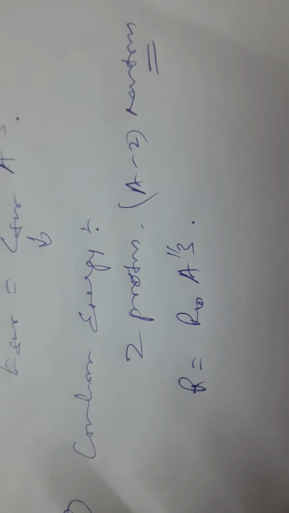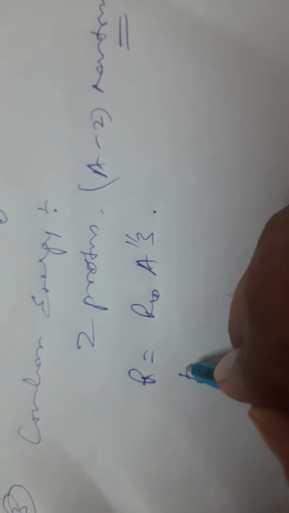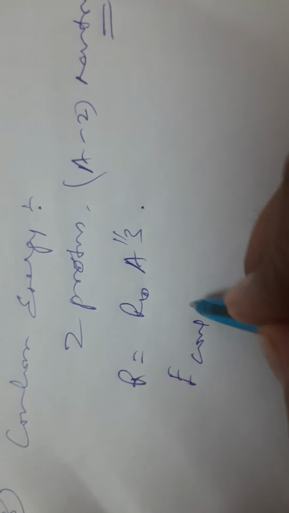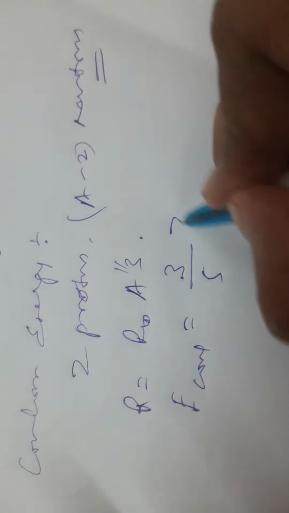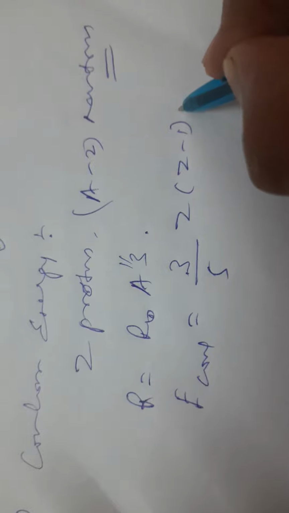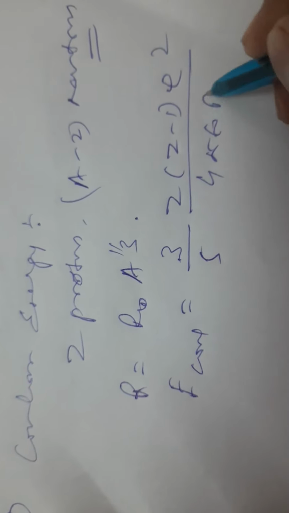So, for a spherical volume of uniform charge density, the Coulomb energy is given by E_Coulomb = (3/5) Z(Z − 1) e² / (4π ε_0 R). Now what we know is that R = R_0 A^(1/3).